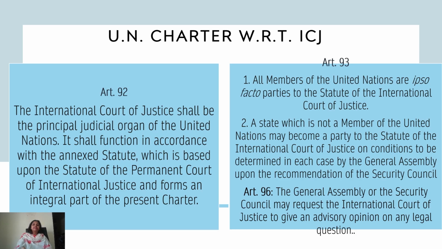Article 96 reads, The General Assembly or the Security Council may request the International Court of Justice to give an advisory opinion on any legal question. This we discussed in our previous slide, that the General Assembly or the Security Council or any other United Nations agency, if it faces a legal question and it deems fit that ICJ's advisory opinion is needed in this, then it may refer that legal question to the International Court of Justice for its advisory opinion.